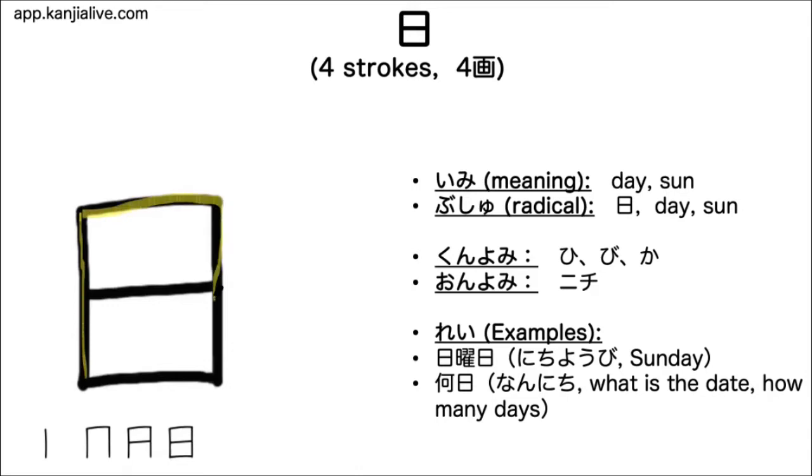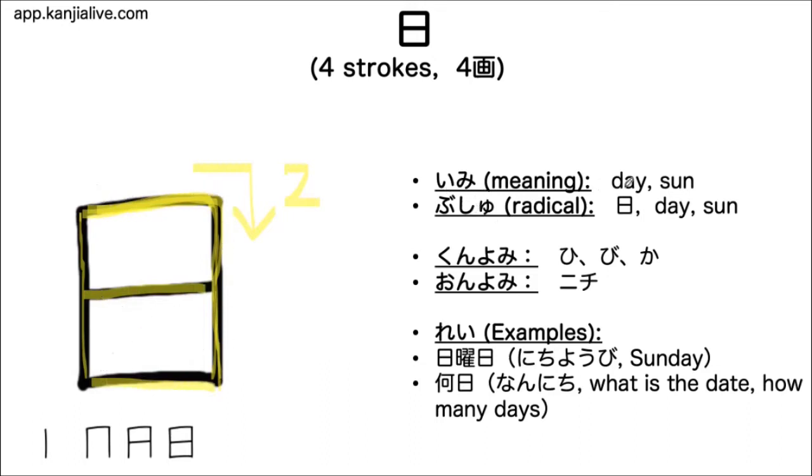Keep in mind this is just one stroke, all the way down. Literally slow down and then continue to go down. Then this is 3 and then 4. Okay, you got it? 1, 2, and 3, 4.